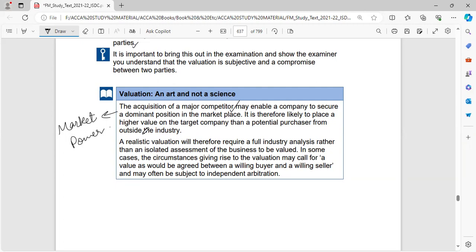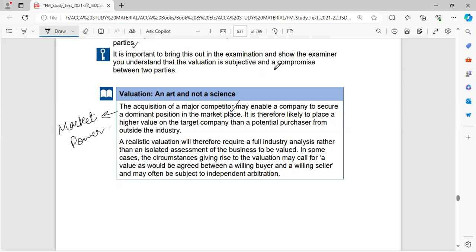Basically, he is saying that if you are going to acquire a company and this acquisition is not a forceful acquisition, you are not targeting a competitor who is unwilling. Basically, the competitor is also willing to sell their operations, or it is a company within the same industry but not of exactly similar size, so it cannot be considered a competitor.